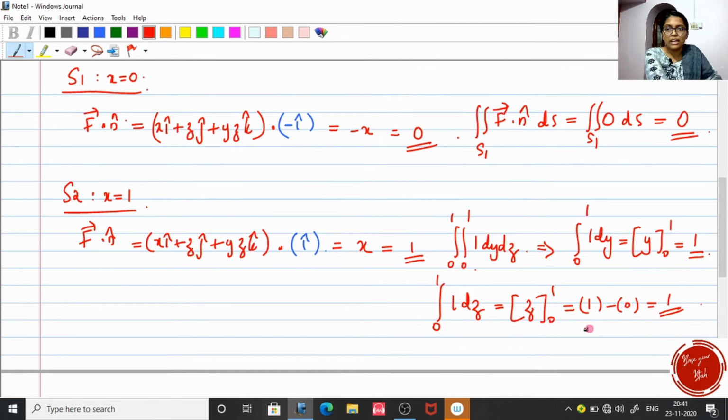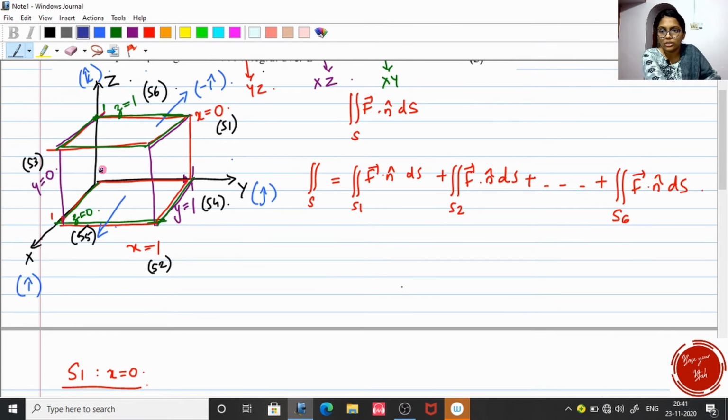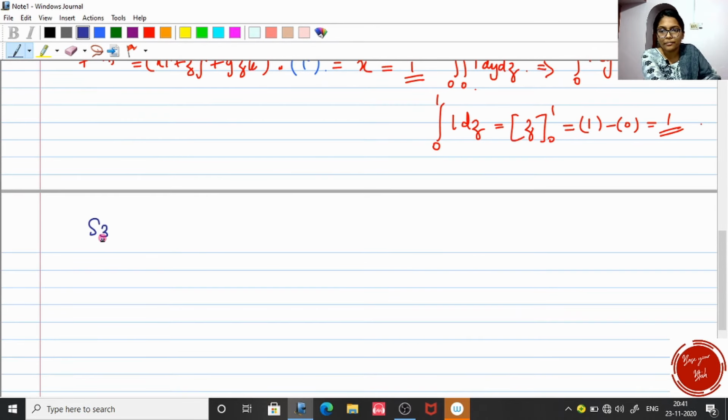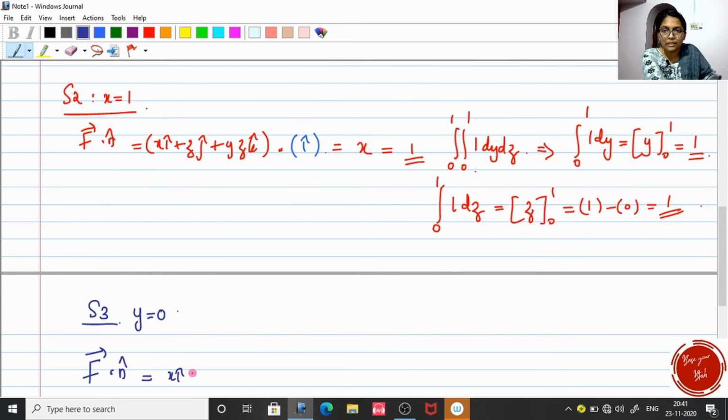Okay. So, we have done S1 and S2. Similarly, let's do S3 and S4, later S5 and S6. Okay. So, which is the surface S3? This is your surface S3. At that plane you have y equal to 0. So, S3 is y equal to 0. For that section you have f dot n cap. Substitute your f value. It is xi plus zj plus yzk dot n cap.